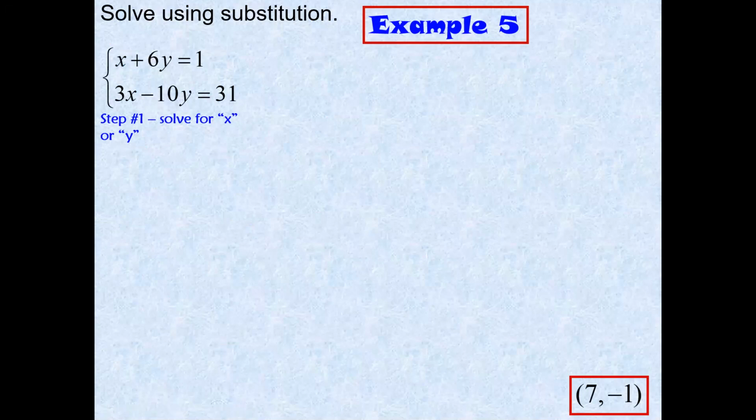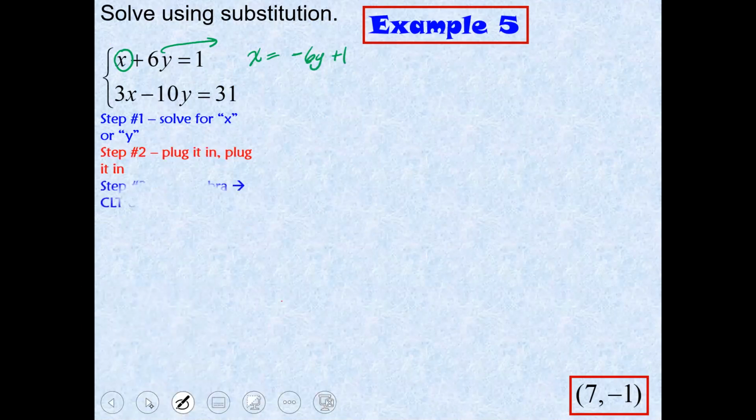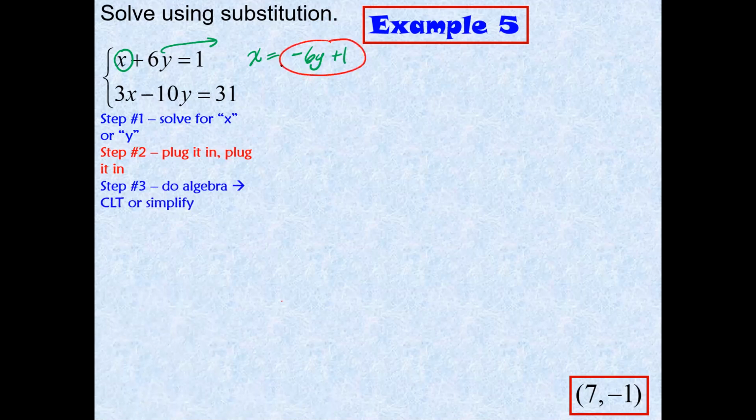And you ask yourself, would it be easier for me to solve for x or is it easier to solve for y? I would say it would be easier to solve for this x, which means you have to move that 6y over to the left. So x equals negative 6y plus 1. That's your first step. Then you're going to plug this in. So I'm going to take this and plug it right here, not for y, but for x.